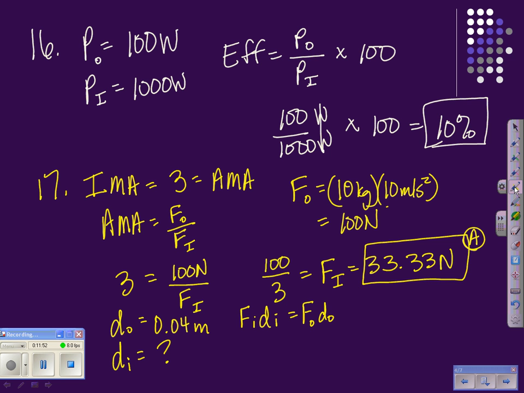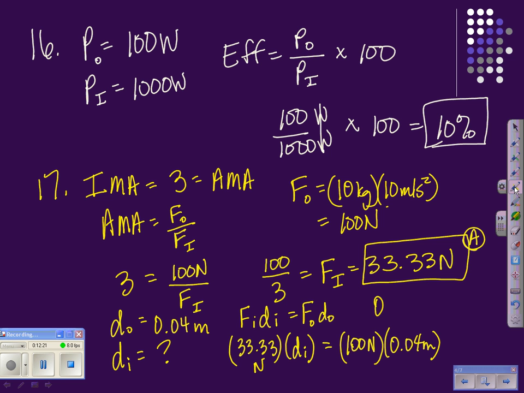We have our input force of 33.33 newtons times my di, which is what I want to find, equals my 100 newton force out times 0.04 meters. Now it's an algebra problem: 100 times 0.04 divided by 33.33 gives an answer of 0.12 meters. And that's your answer for B.